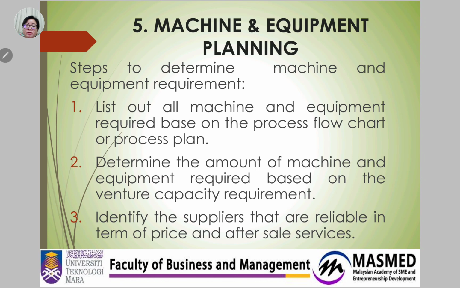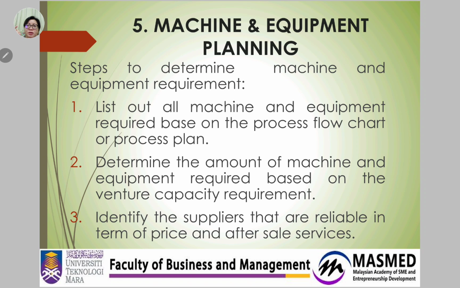This time it's on planning what machines are needed for you to produce the product. For example, if you run a bakery business, you need an oven, you need a blender, and you need a mixer. Of course you need a mixer, it's very necessary and it's much faster.